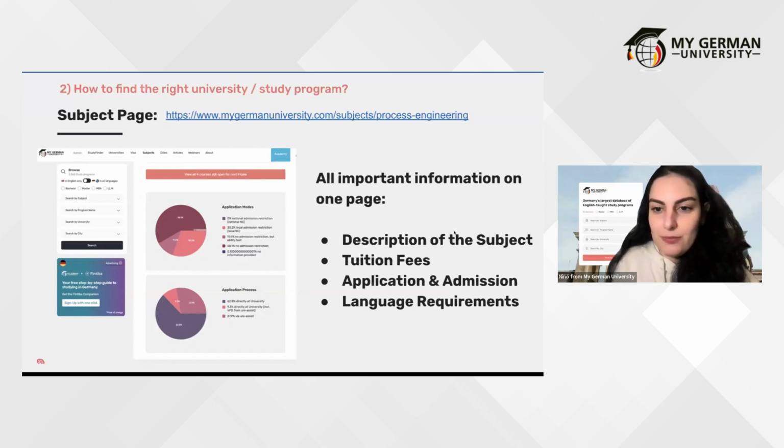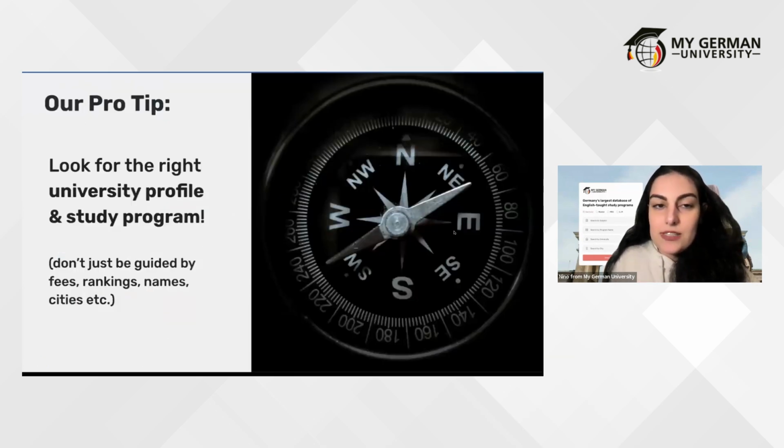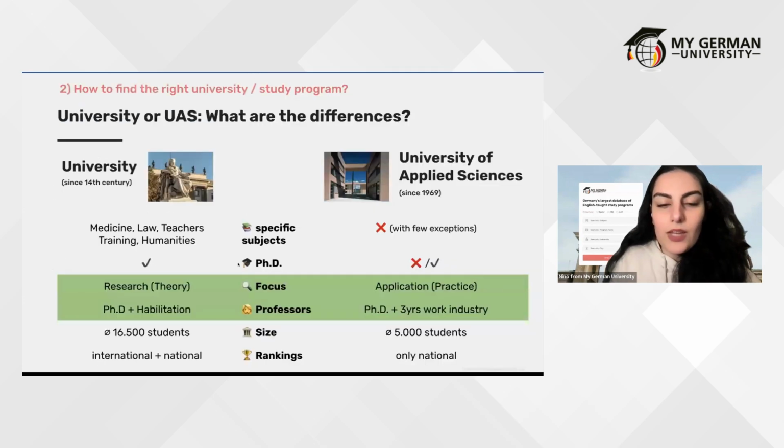Also, career options will be mentioned there. It's very important to always check each program individually and carefully, because they are always very unique and different, and this way you are making an informed decision, so that you are not guided only by city names or rankings.